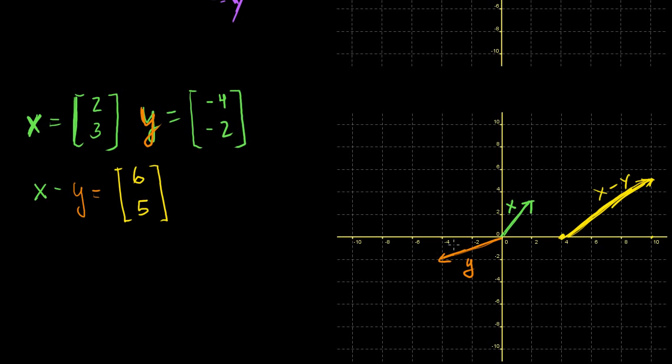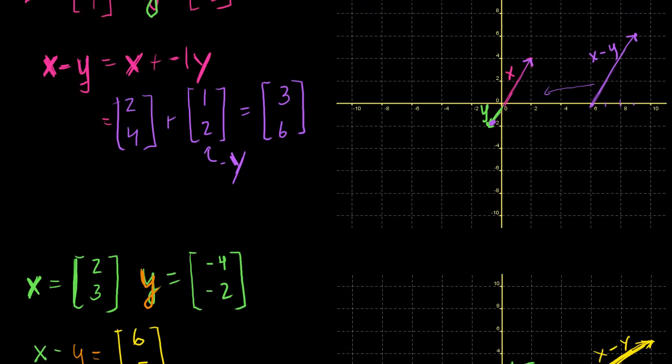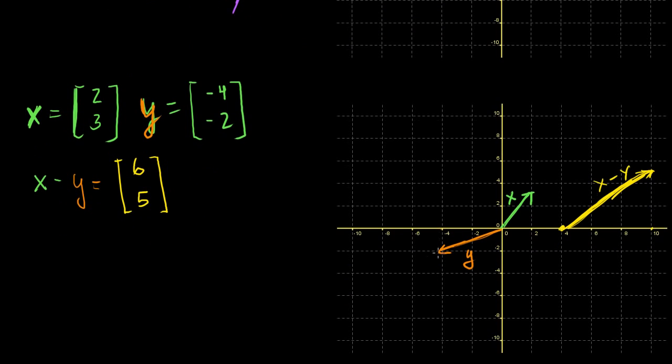But like in the last example, I showed that you could draw it between their two heads. So if you do it here, what does it look like? Well, you start at this point right there, and you go 6 to the right, and then up 5. You end up right there.